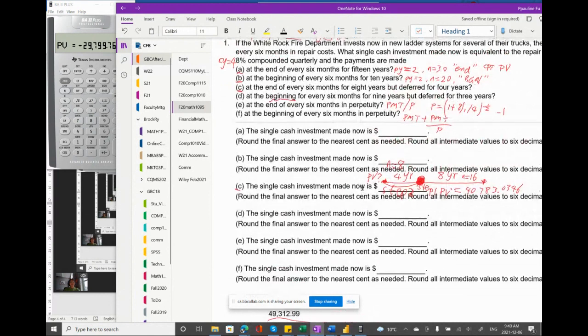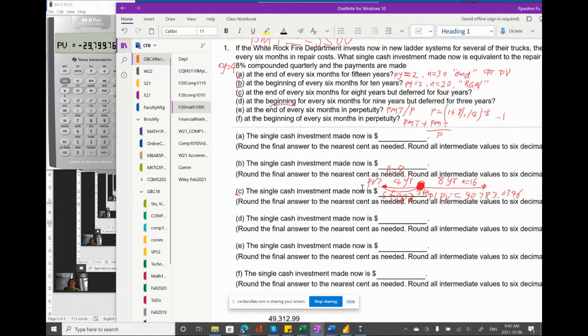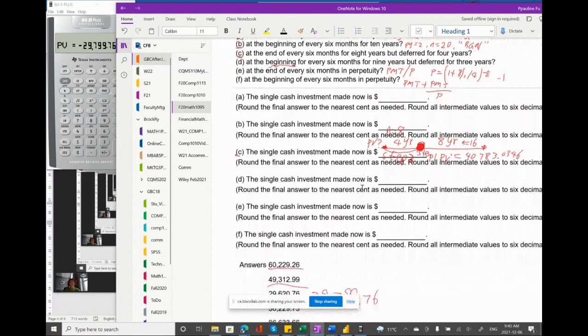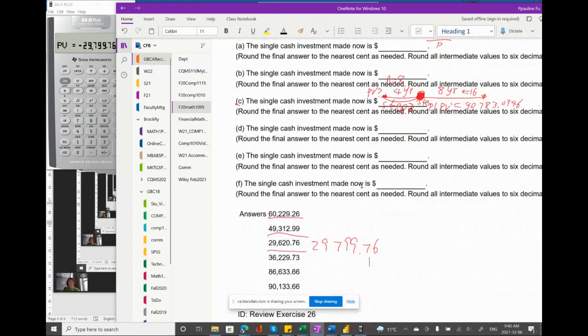The payment is at the end of every 6 months for 8 years, but deferred for 4 years, and the method is the same, 2 steps. So I need to double check why those two numbers do not agree with each other. This is the number I get.